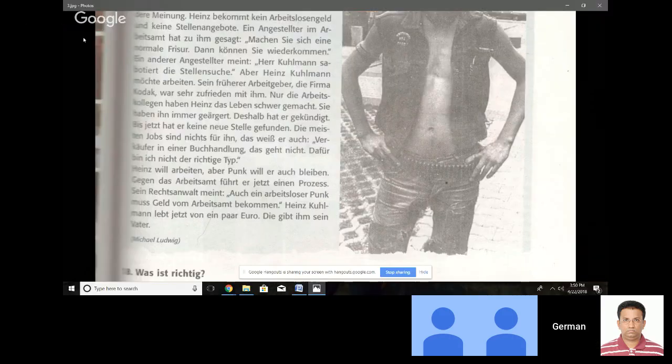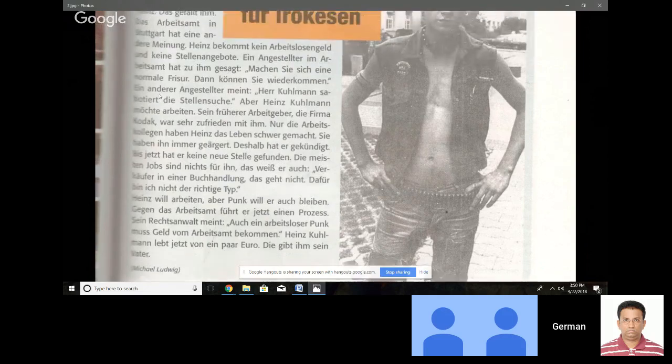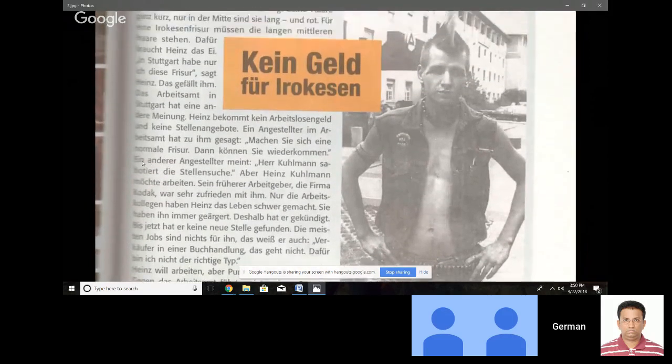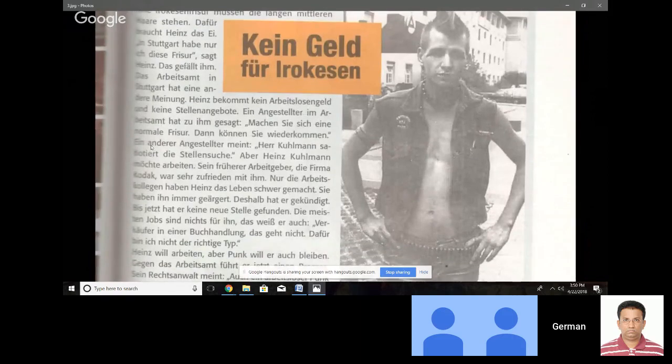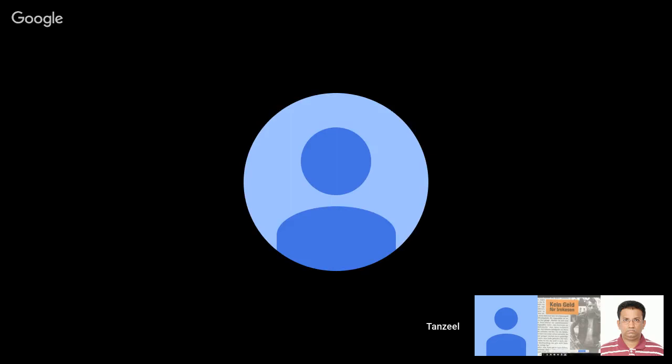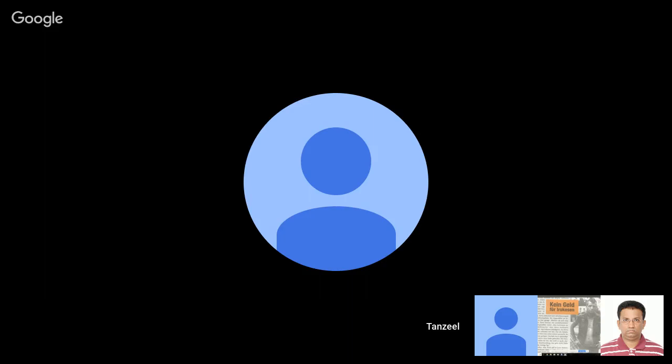Okay, let's translate. In Stuttgart, haben wir nur diesen Friseur, sagt Heinz.